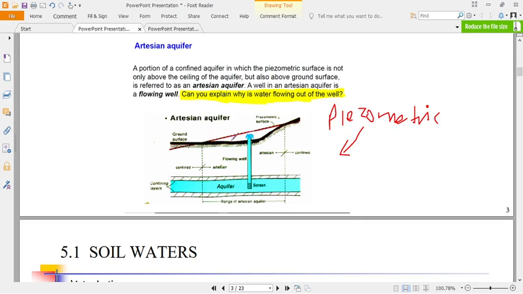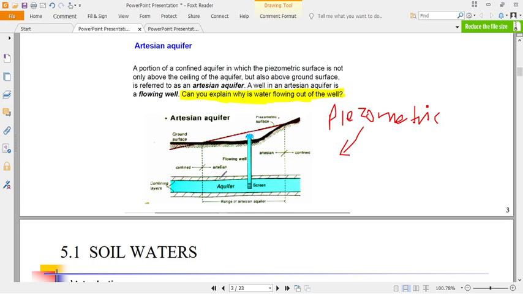Because this is the line we call the hydraulic line or the potential difference line. Okay, the potential difference line, what we call the piezometric surface. Along this surface, water would rise to this level without the confinement of this upper layer.